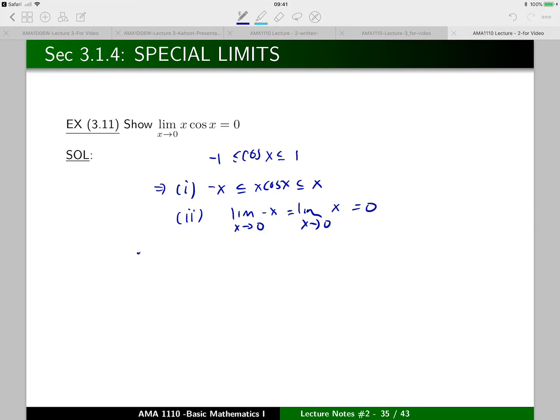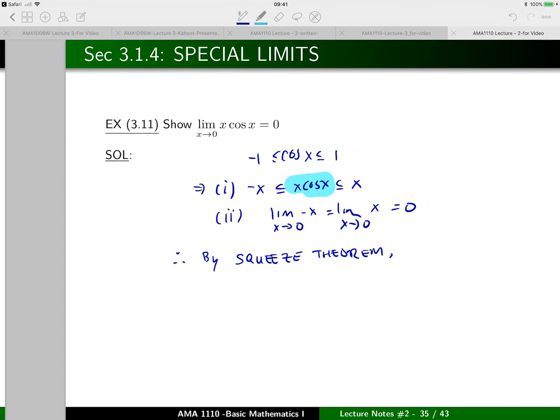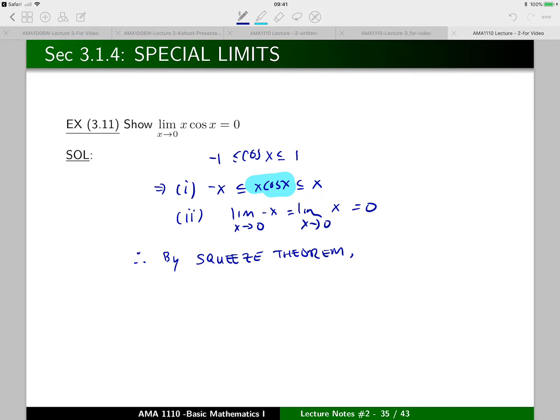So therefore, by the squeeze theorem, we must have that the function in the middle, in this case representing the g function, the limit as x approaches 0 of x cos x is equal to 0. Okay?